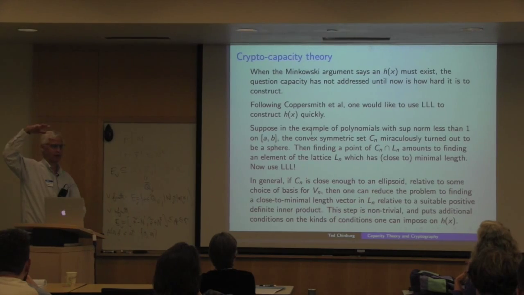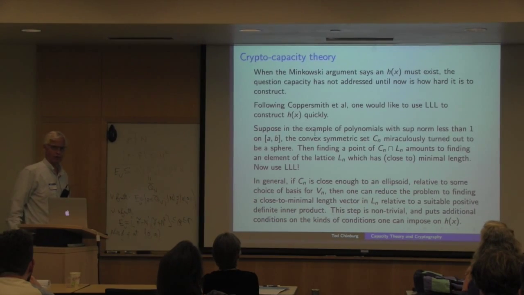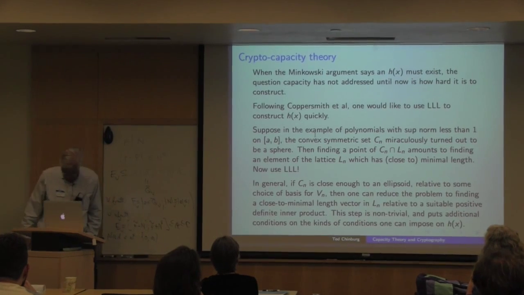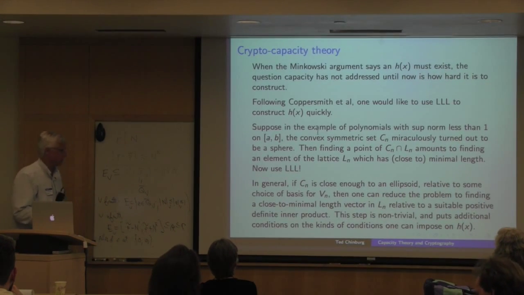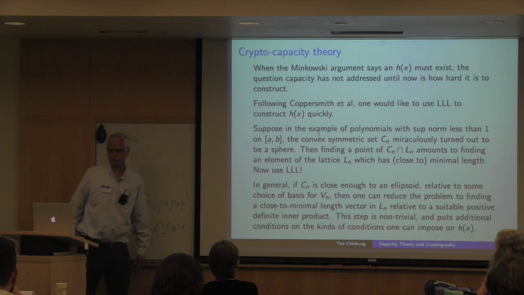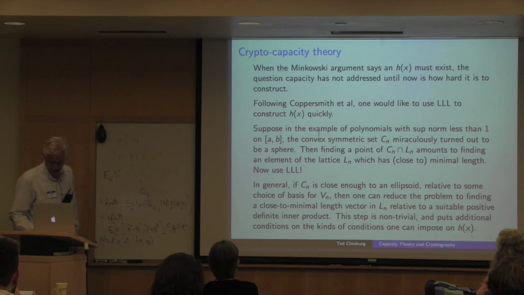If it looks enough like an ellipsoid, you can convert the problem of finding this lattice vector in the convex symmetric set to finding a short vector in the lattice. And that actually is a non-trivial step. In other words, that's a non-trivial statement about the types of constraints for which you can then use LLL to find the function that Minkowski predicts exists quickly.